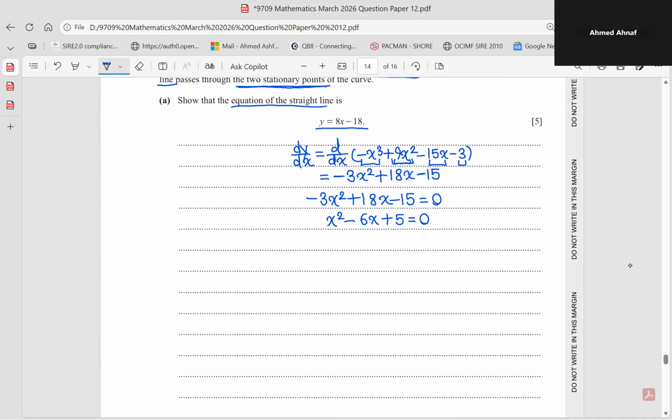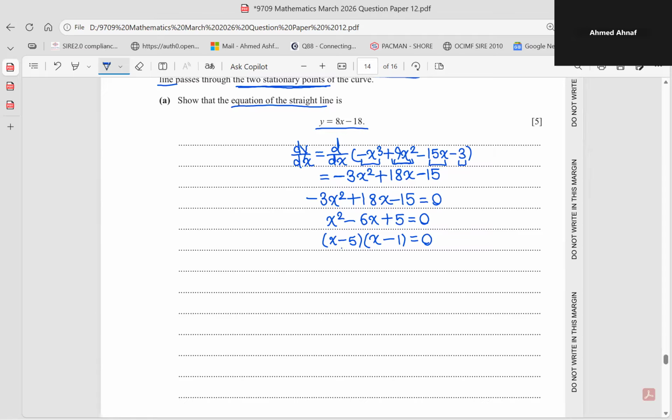Okay, so let's try factorizing this equation. So you're going to get (x minus 5) times (x minus 1) equals 0.